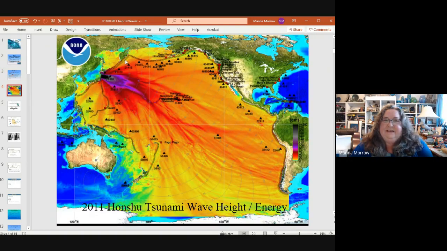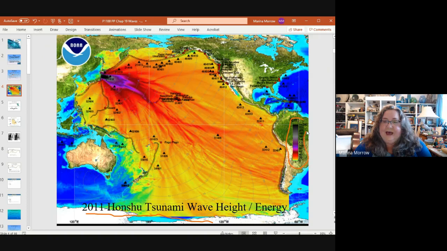This shows the energy in waves that was put out by the 2011 Honshu earthquake and tsunami in Japan. It was a terrible earthquake that killed more than 10,000 people because of the tsunamis, the waves that were generated. There's a chart here.